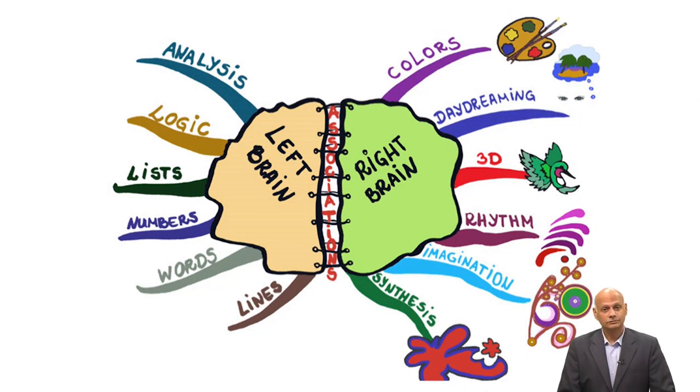Do you like songs? I'm sure you do. And you can remember them effortlessly. All right. Now tell me, looking at this image, which side of the brain gets engaged when you listen to songs?